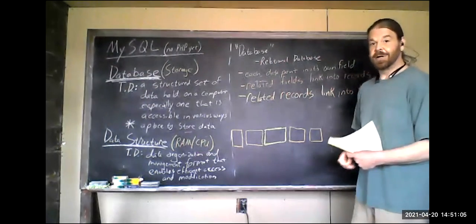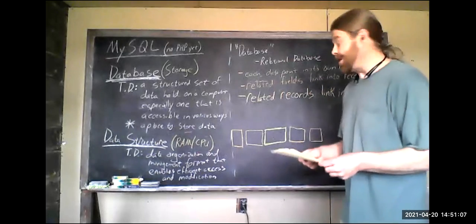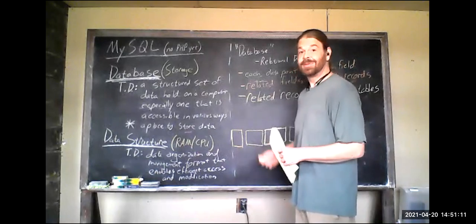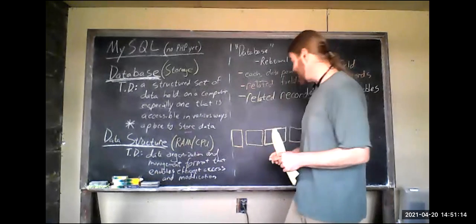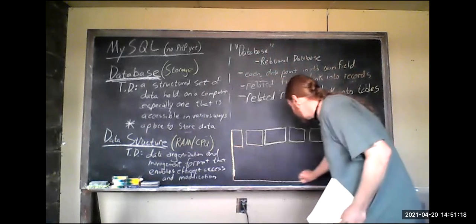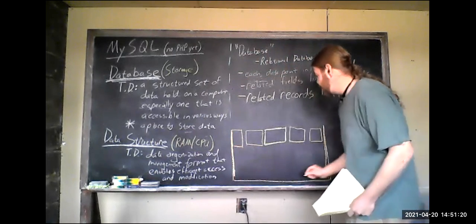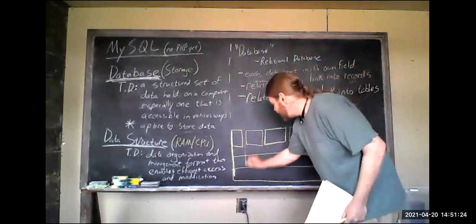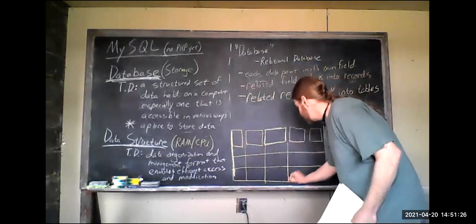Hopefully these colors are showing up. This is more how I would always write up at the school, in the classrooms on the whiteboards, when I have lots and lots of markers and lots of colors. This color coding can be useful. So with lots of records, we can build up into a large table of data.